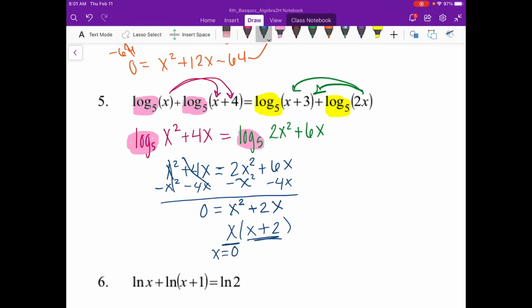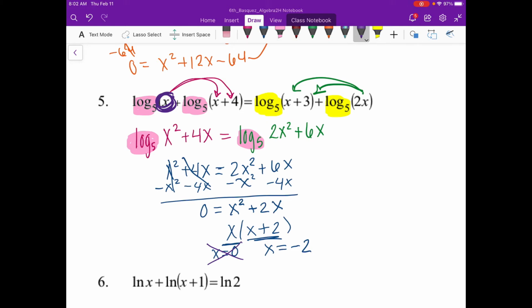If I set x equal to 0, I get x equals 0. If I set x plus 2 equal to 0, I get x equals negative 2. And from there, I need to just check my answer. Can these be substituted back into my original problem? When I substitute in a 0, automatically that's going to make that first term 0, so I can't have that.